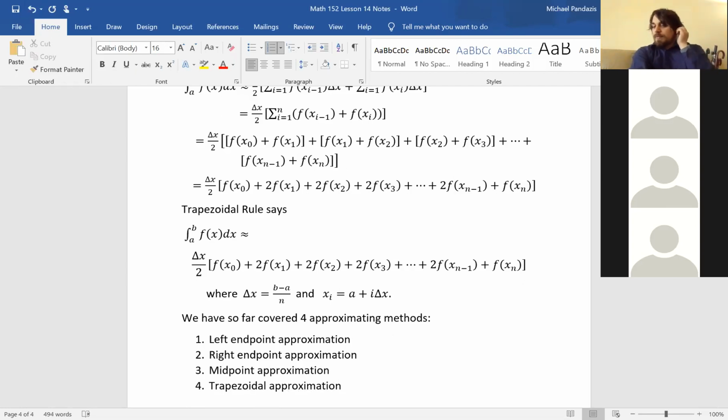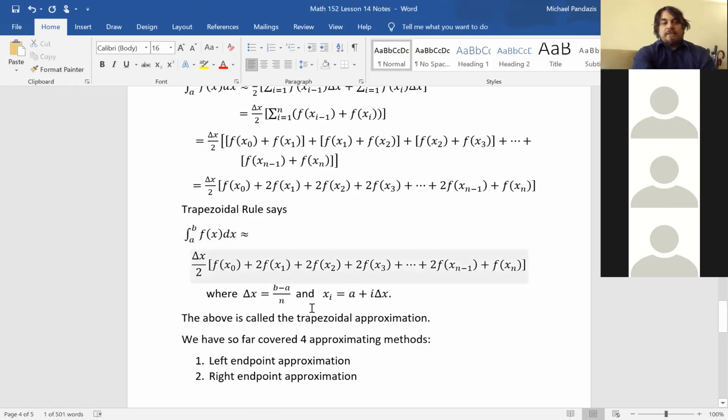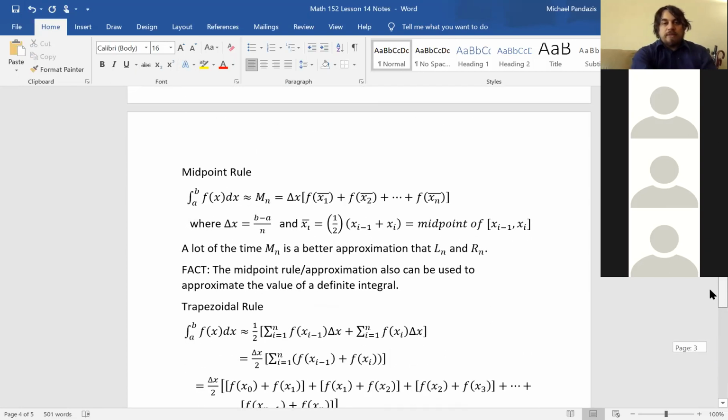So the above is called the trapezoidal approximation. This approximation symbol says this definition is approximately that. That's called the trapezoidal approximation.